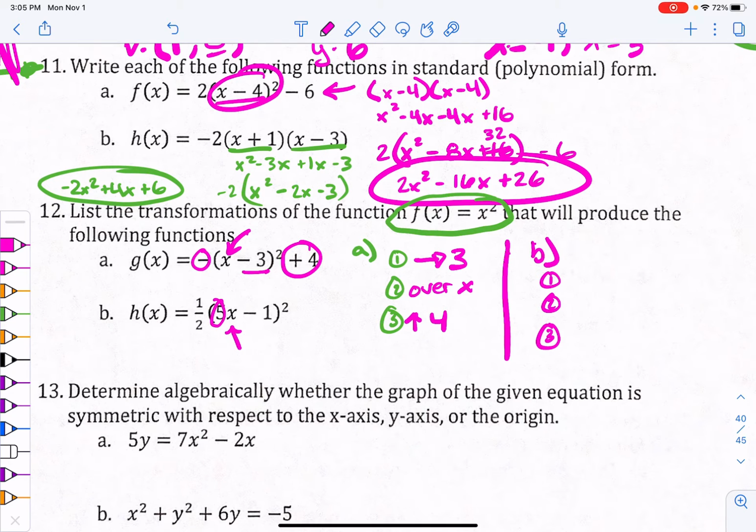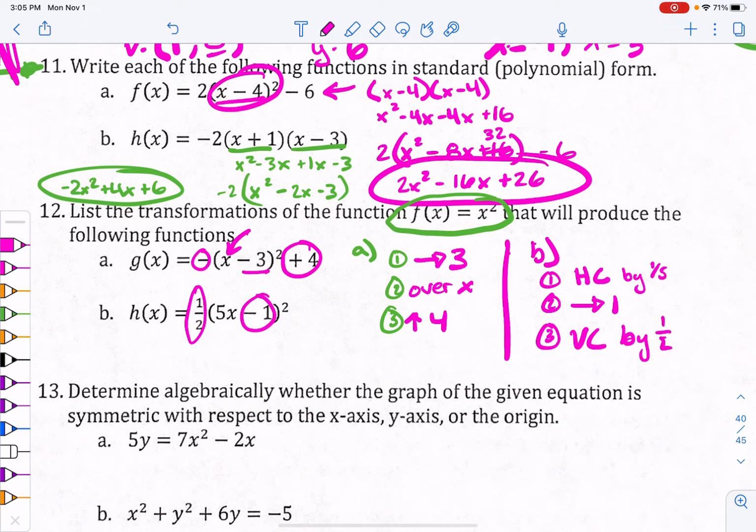And since that 5 is inside of the parentheses, it's going to be a horizontal, and in this case, it's going to be a compression by 1/5, okay, because you have to flip the sign, all right? Minus 1 is moving him to the right 1 unit, and this 1/2 is a vertical compression by 1/2. That's what that is going to look like. Okay, so that was kind of ugly with the stretches and compressions, but that's kind of how that works, okay?